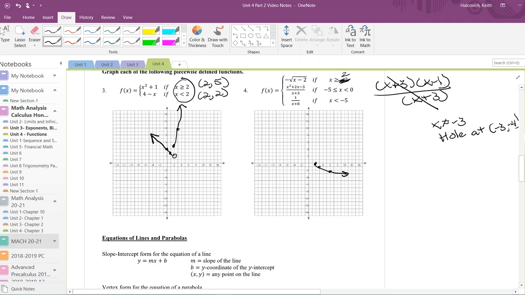So we're going to graph x minus 1. If we put 0 in, we get negative 1, and if we put negative 5 in, we get negative 6. So 0, negative 1 is going to have an open circle, negative 3, negative 4 is going to have an open circle, and negative 5, negative 6 is going to have a closed circle. So it's going to look like that.